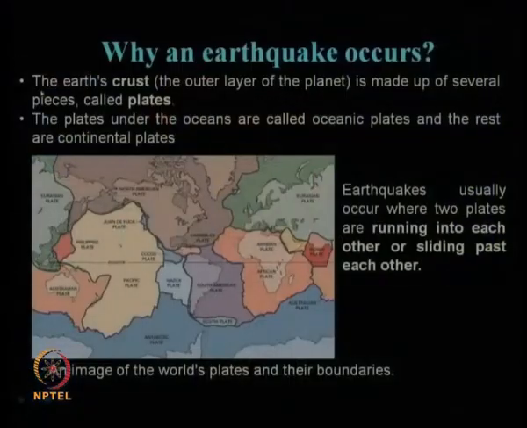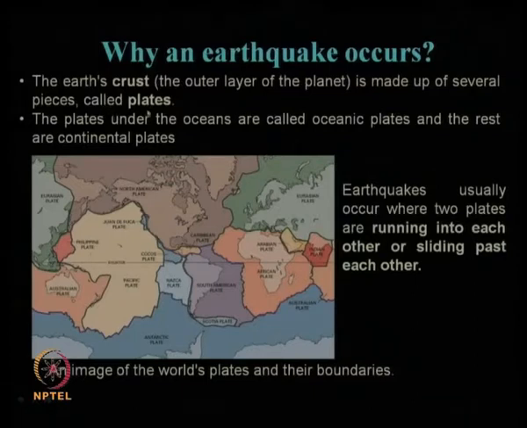So, let us see. The earth's crust is the outermost layer of the planet, which is made up of several pieces, as we have mentioned just now, called plates or tectonic plates. You can see various plates in this picture.